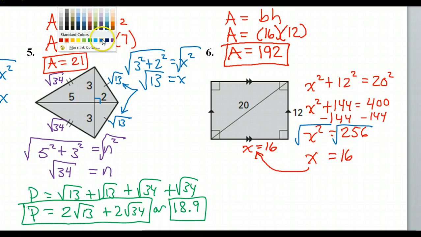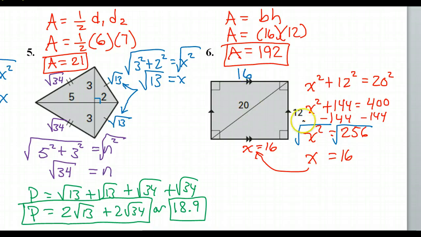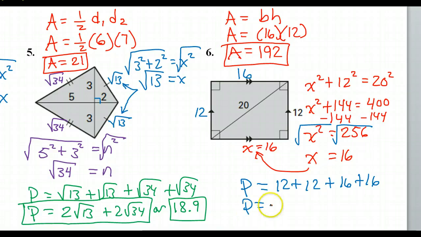Time for the perimeter. Of course, if this is 16 down here, then this is 16. If that's 12, then this is 12. So when I do the perimeter, it's just going to be 12 plus 12 plus 16 plus 16. And that turns out to be 56. So that would be the perimeter for number 6.